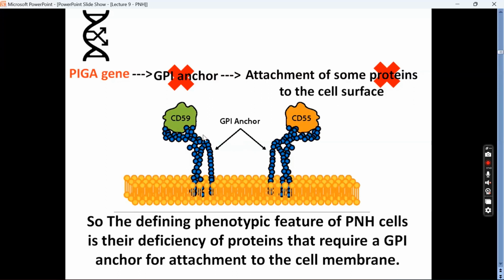When we run it in the flow cytometer, if we get the signal for this protein, it means that the protein is present and that the cell is normal. If we are not getting the signal, then that cell does not have the GPI-linked protein, and that is evidence that it's a PNH cell or a PNH clone. So this is how we are going to use flow cytometry in the diagnosis of PNH.